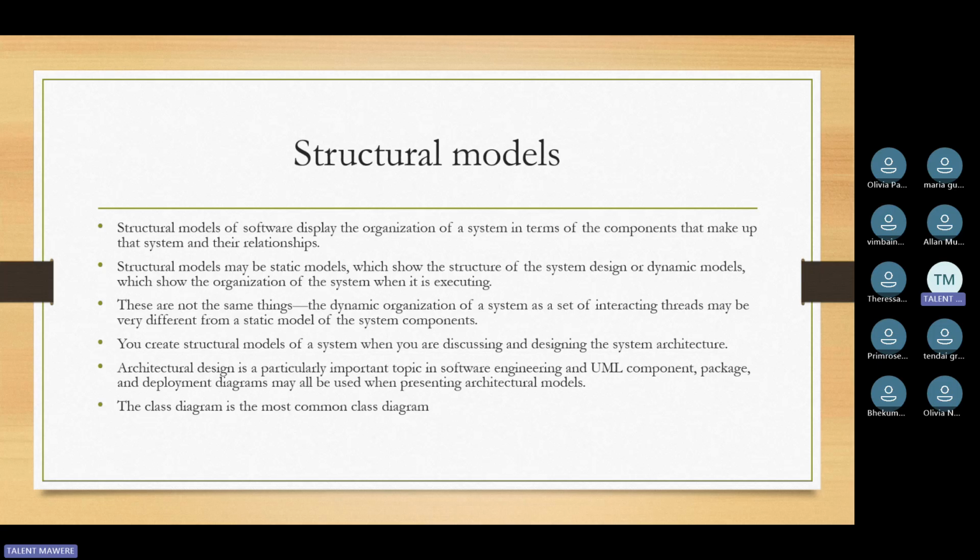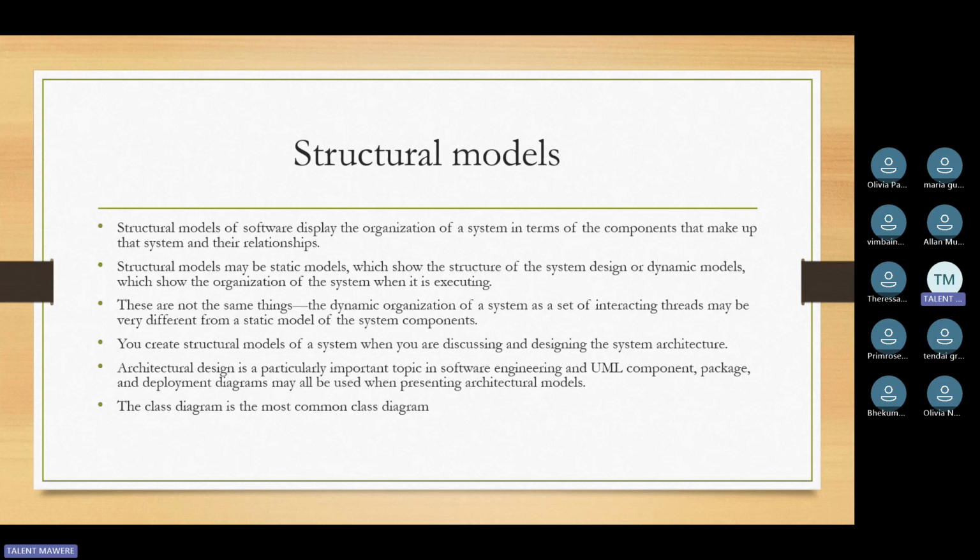So architectural design is the next thing that we'll be talking about. It is very important in software engineering because it gives us a means that we use to deploy a system at the end of the day.